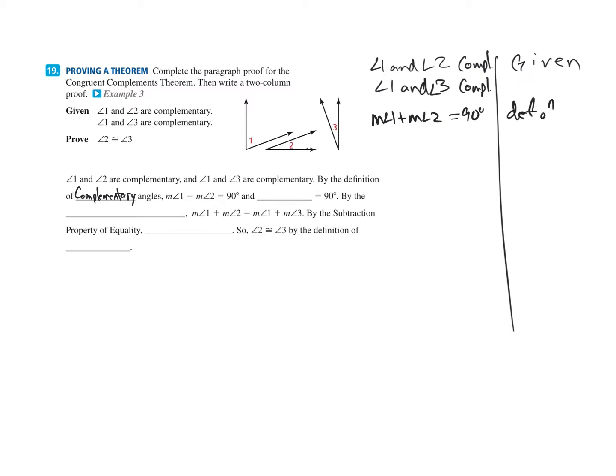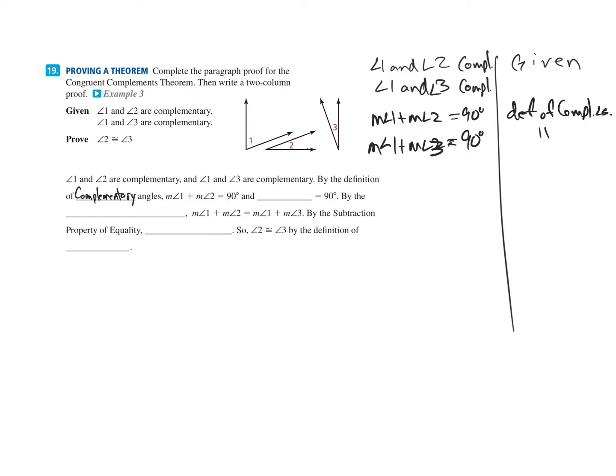Definition of complementary angles. Okay? And blank is equal to 90 degrees. Okay? That would be the measure of angle 1 plus the measure of angle 3 is equal to 90 degrees. Again, that's the definition of complementary angles.